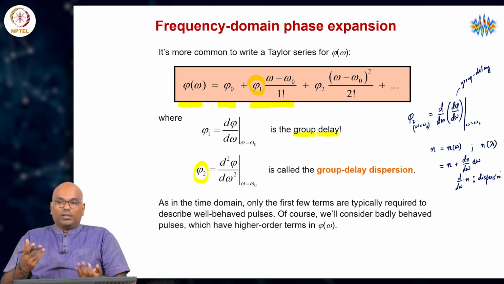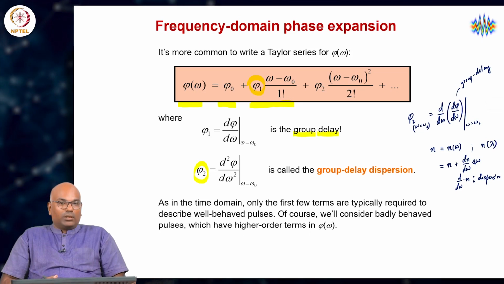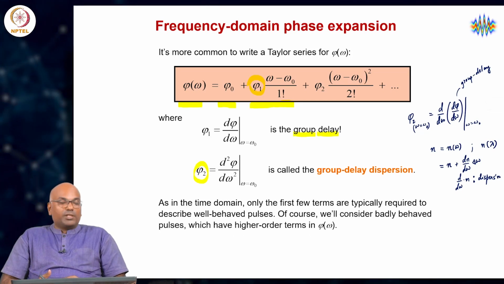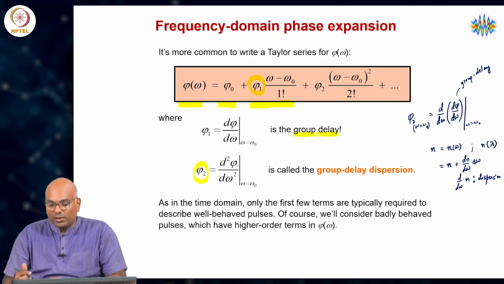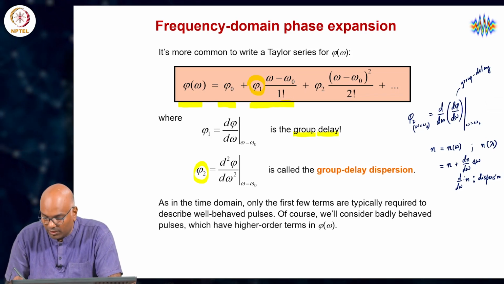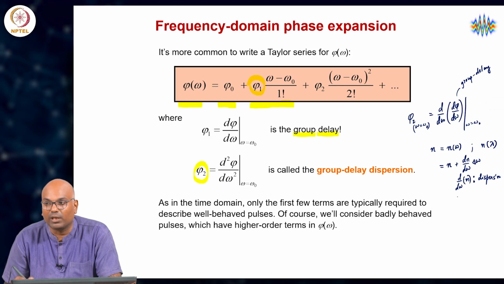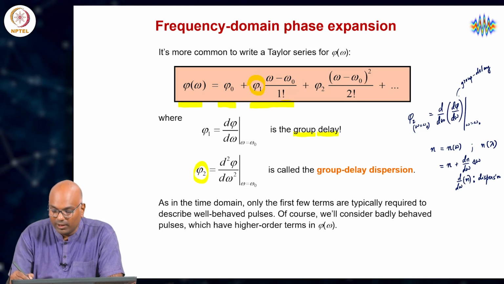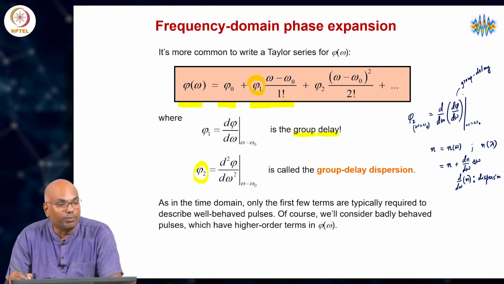In optics, in other branches of physics and engineering too, right. So, this is the dispersion, the dispersion of whatever quantity whose derivative I am measuring. So, here the derivative is the derivative of group delay.